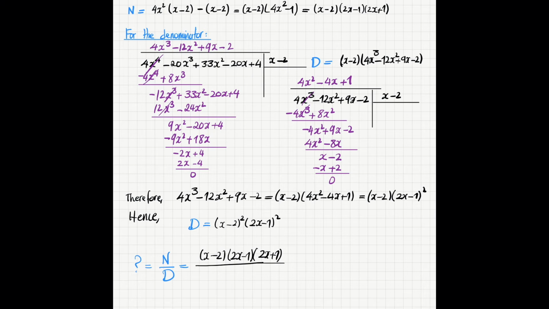I am supposed to divide this by x minus 2 to power 2 and 2x minus 1 to power 2. Yes, so what can I do? This one and this one of these are cancelled. This one and one of these are cancelled. So what is left for me in the numerator is just simply 2x plus 1, but what is left for me in the denominator is x minus 2, 2x minus 1.